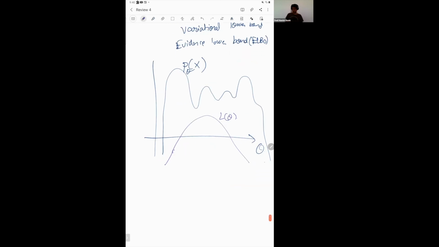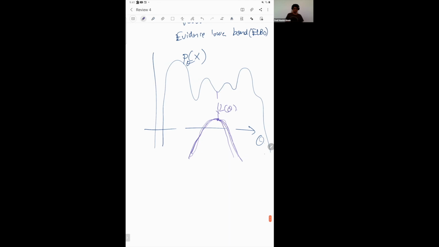If this is the lower bound, then sometimes it is possible that this lower bound gets stuck in something like a local minimum. You can see this lower bound is always less than P of X, which is our evidence.